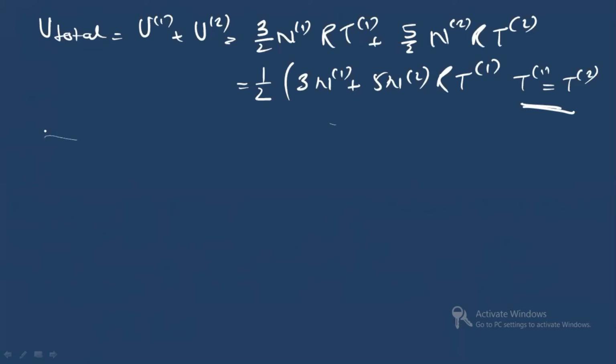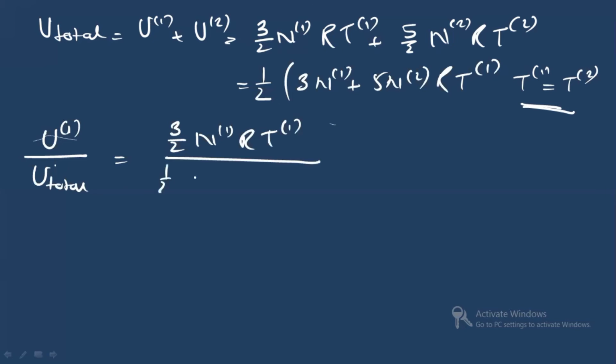This is clear now? So you will take the ratio of U1 and U total. U1 is 3 by 2 N1 RT1, and U total I have calculated as half into 3N1 plus 5N2, and outside RT1.